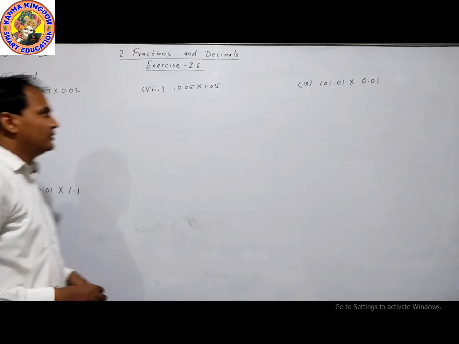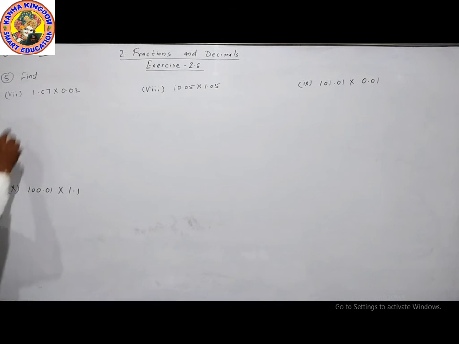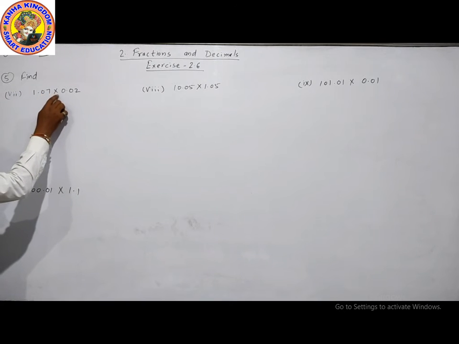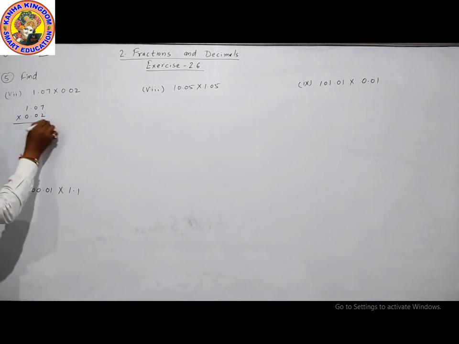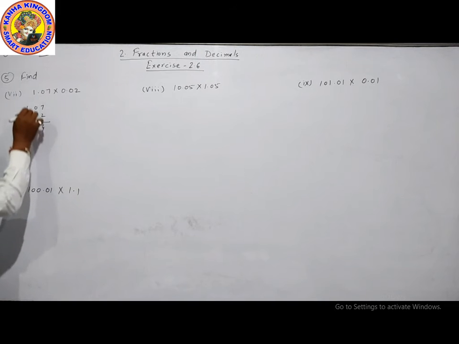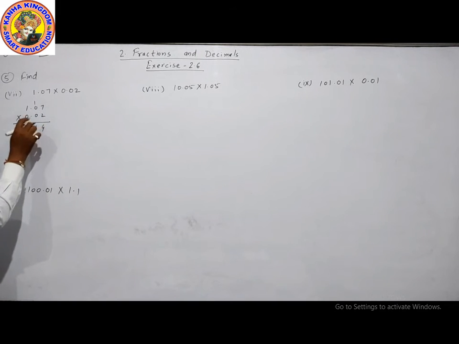Now our next question is 1.07 multiply 0.02. 2 into 7 is 14. Then 2 into 1 is 2. Next digit is 0, multiplying by 0 gives 0.